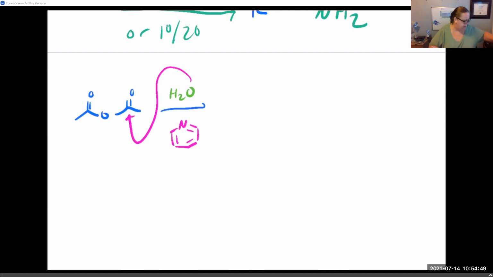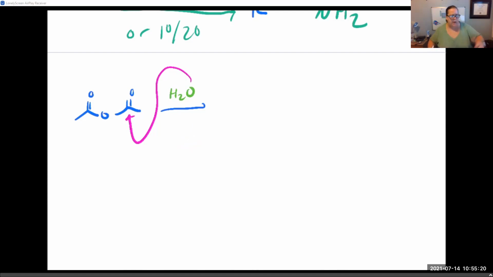There's so many different ways you guys can do this stuff. What you should be focusing on is nucleophile and electrophile. No, she does not use pyridine for this.